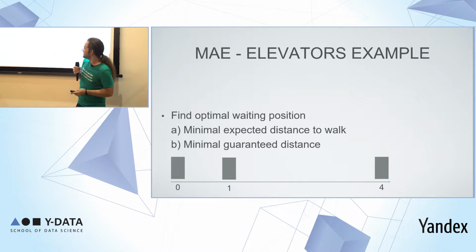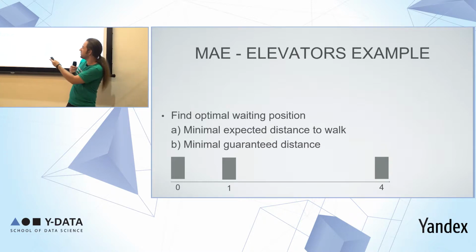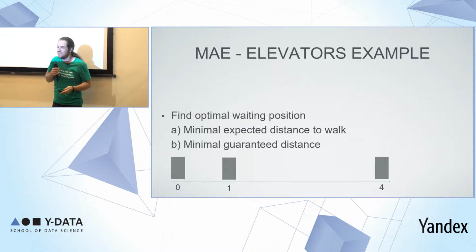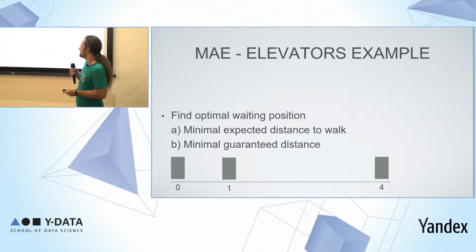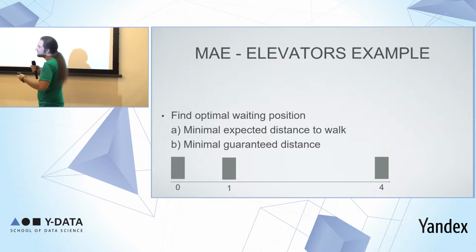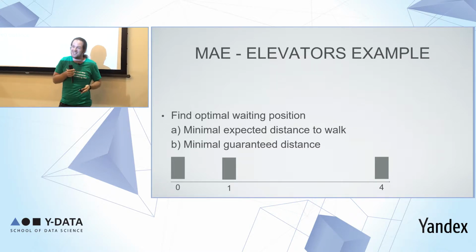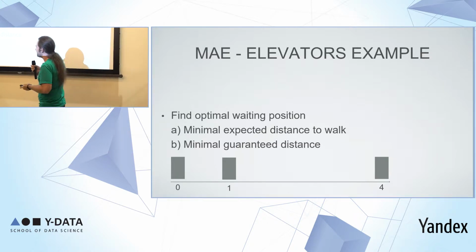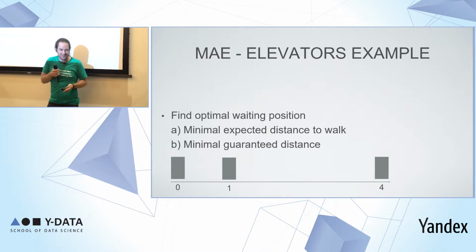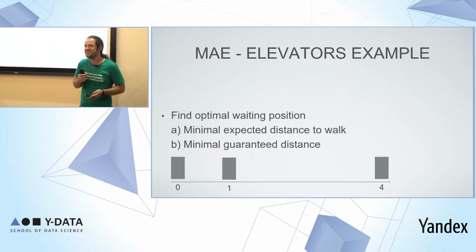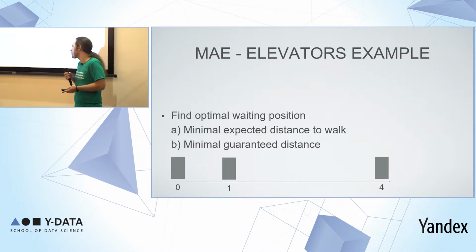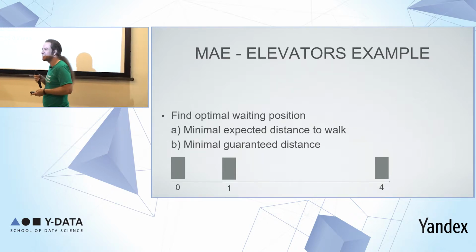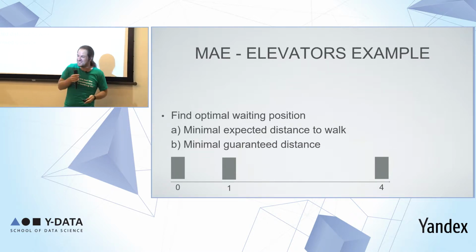And you have two options. First, you want to minimize the expected distance to walk. The other thing you want to minimize is the guaranteed distance. So maybe take 30 seconds to guess what would be the optimal position for both these cases.